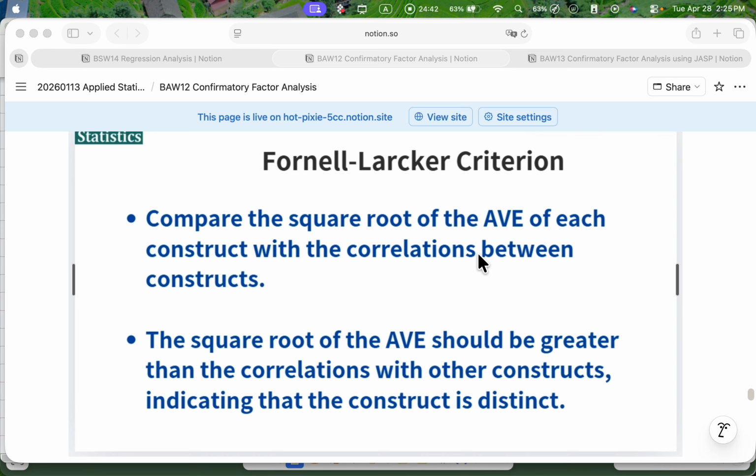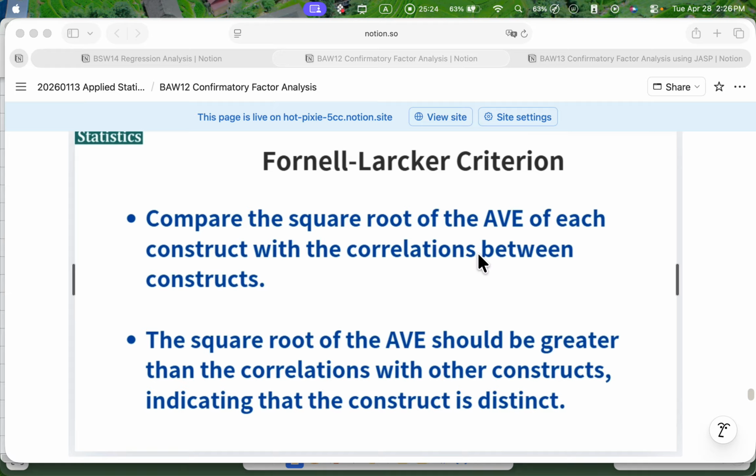So I compare the correlations here: x1 to x2 correlation, x1 and x3 correlation, x1 and mediator correlation, and x1 and y correlation. Based on this, I expect the square root of AVE of x1 to be greater than correlation 1, 2, 3, and 4.